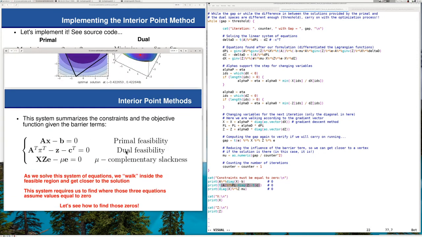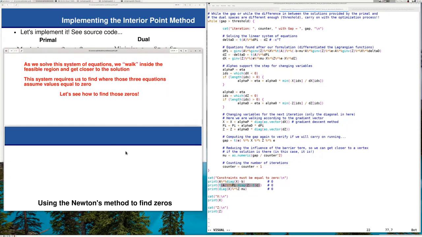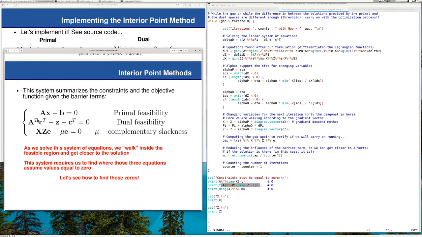Going back, let's go. Oh, it is in here. Take a look: A transpose pi, minus Z. It's not necessary to transpose because here it's just a vector, minus Z minus the C transposed. That's why I've got this.